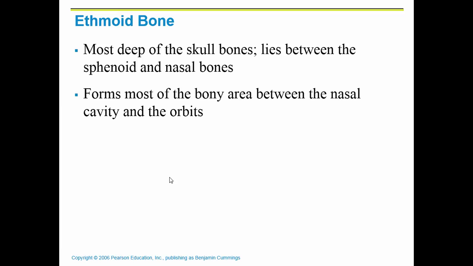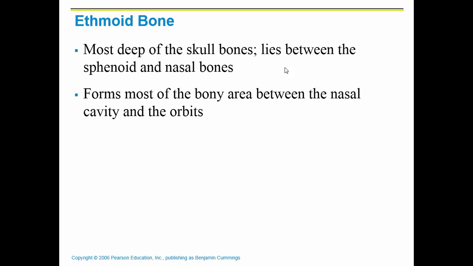And last but not least for today is the ethmoid bone. The ethmoid bone is the deepest of all the skull bones. You might want to highlight that. It lies between the sphenoid and nasal bone. The nasal bone is considered to be a facial bone.